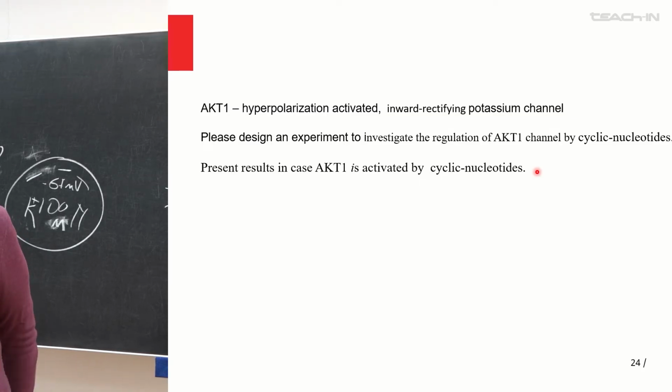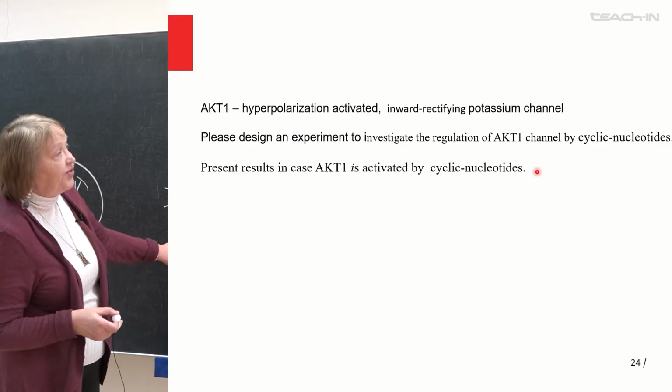And this negative charge in plants is created by proton ATPases and other ATPases, but mainly by proton ATPases. So now we go back to our AKT1 channel. It is inward rectifying.